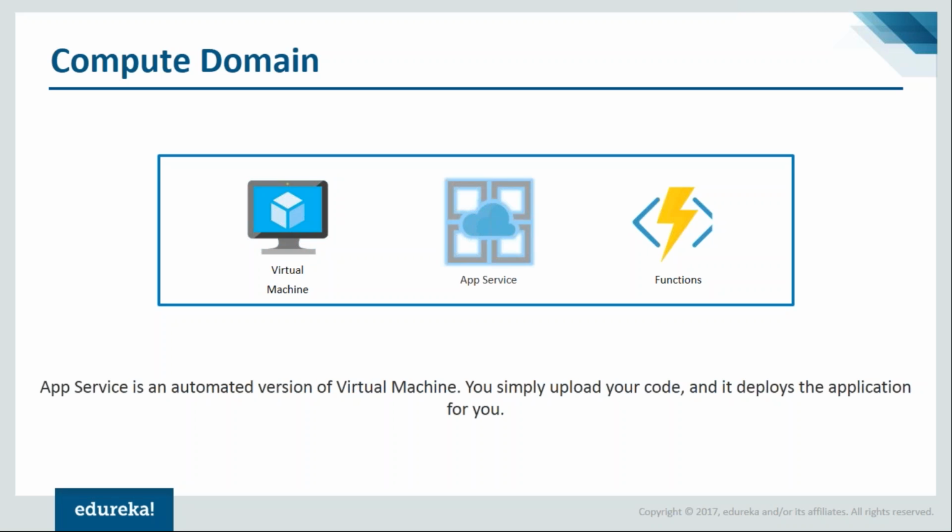Our next service is called the app service. It is basically an automated version of a virtual machine, but with limited possibilities. When I say limited possibilities, this service is actually much more focused, right? App service doesn't give you access to the user interface, all right?